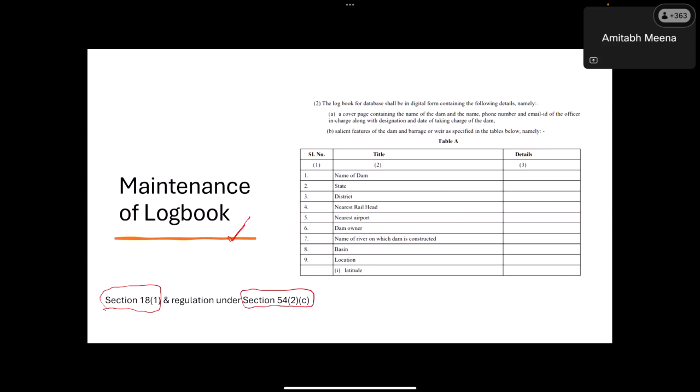This logbook contains all the basic details of the dam, and it should be maintained at all times. You all have access to this template. You can go through it.